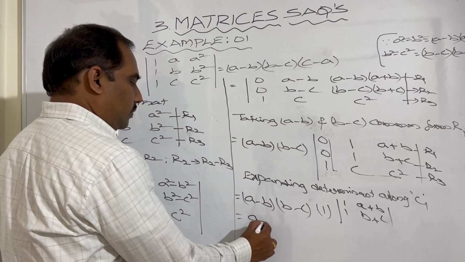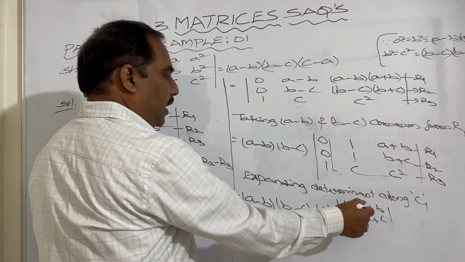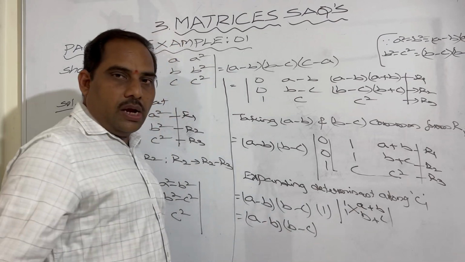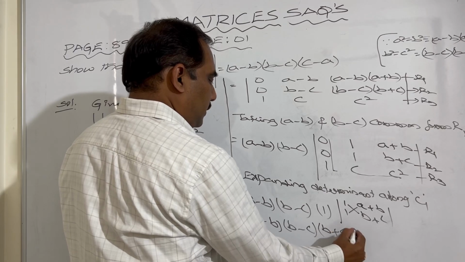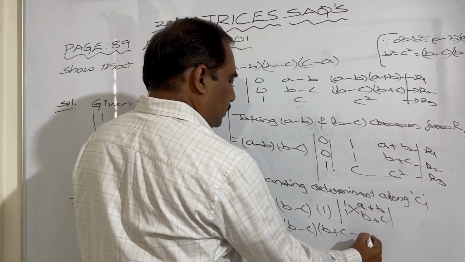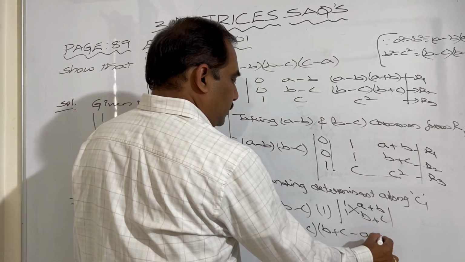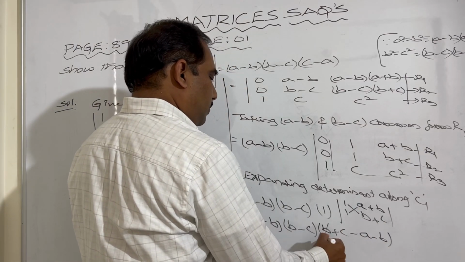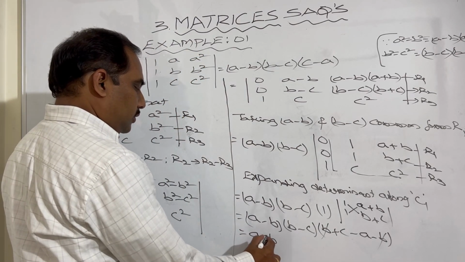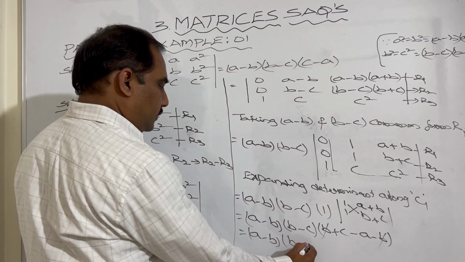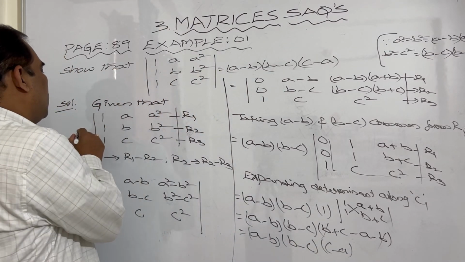So which is equal to (a minus b)(b minus c) into, finding the determinant of this 2 by 2 matrix, b plus c, immediately minus, so multiply with minus, then minus (a plus b). So finally b gets cancelled, and we get (a minus b)(b minus c)(c minus a). This is the RHS.